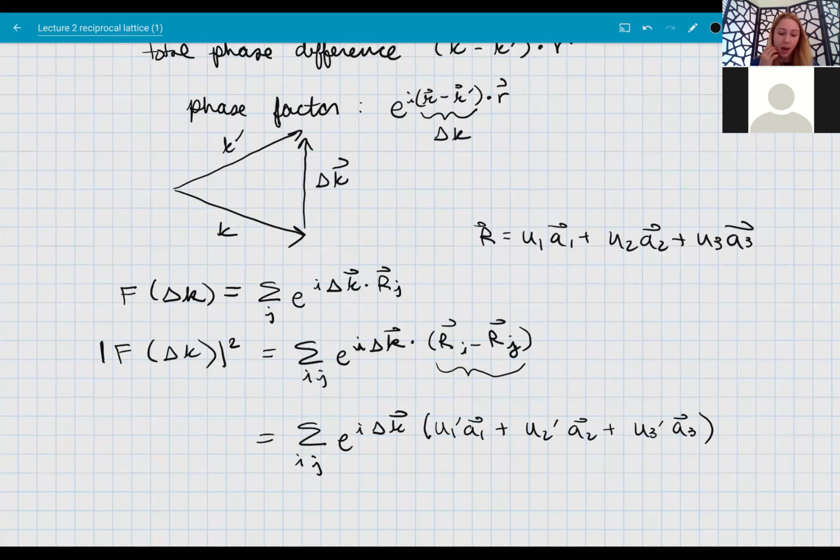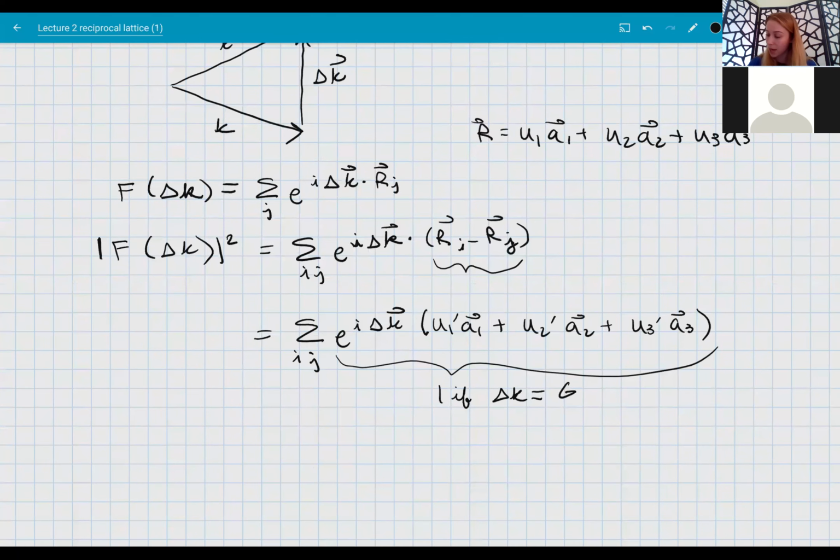Okay, so each of these exponential terms will be 1 if delta k is equal to g, and g is a reciprocal lattice vector.